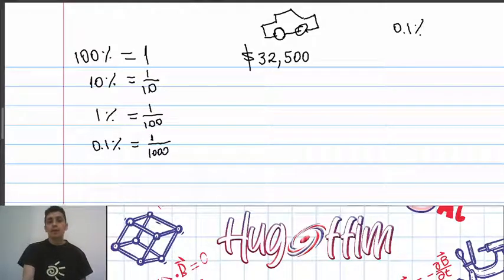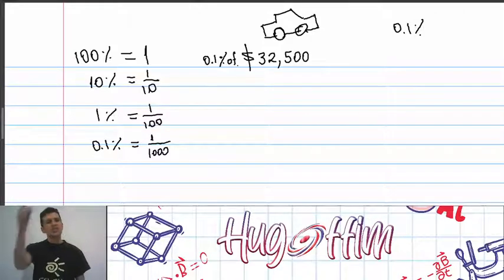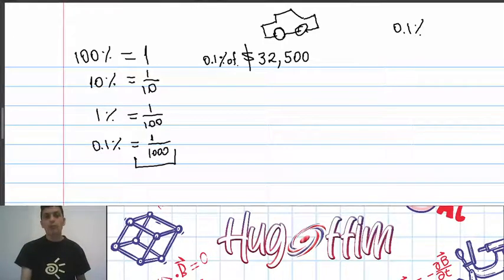Just remember that 0.1 is 1 over 1000. So you just need to divide by 1000. Move the decimal point 3 times, and that's it.